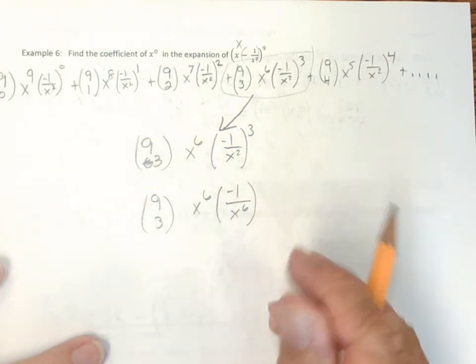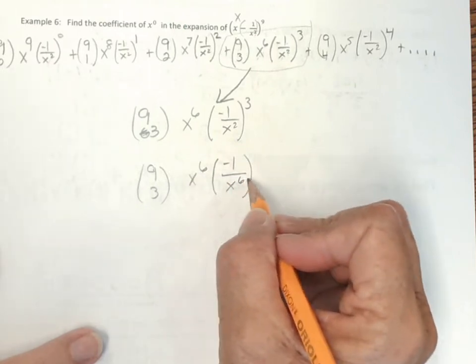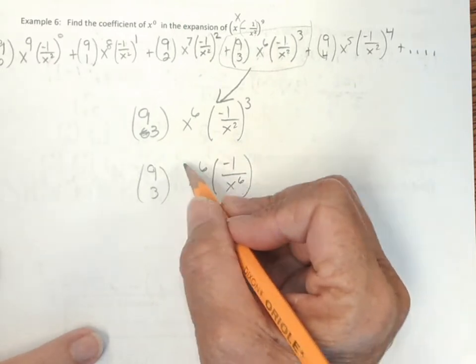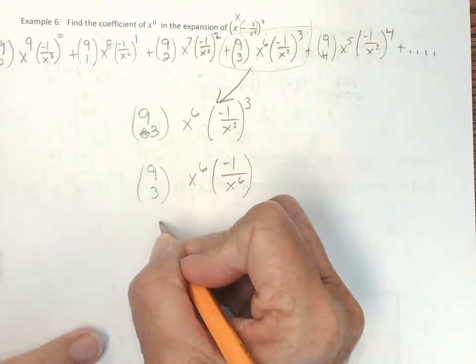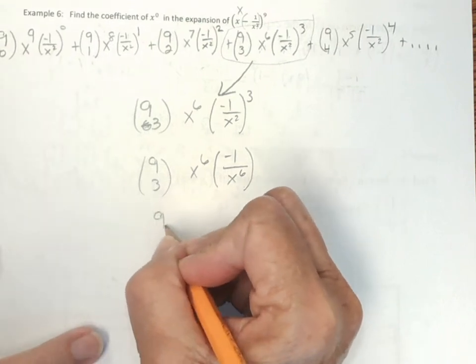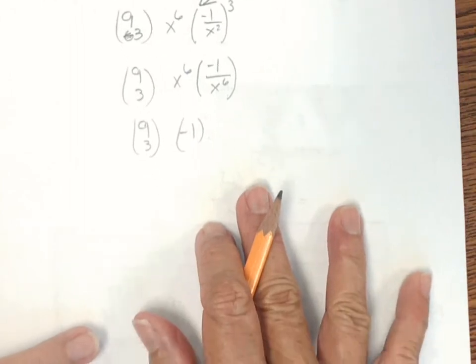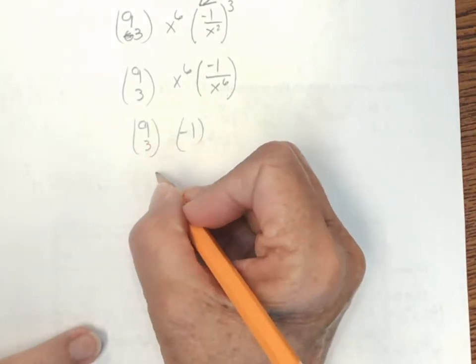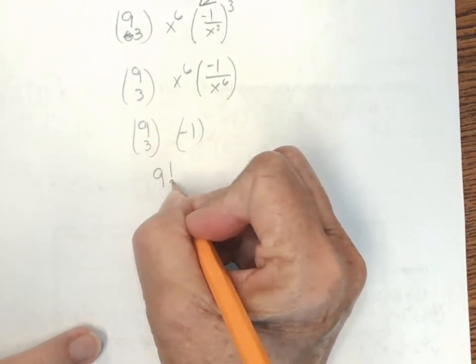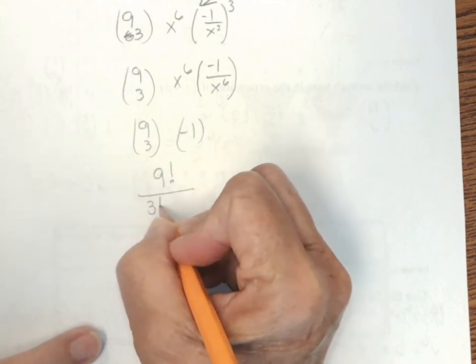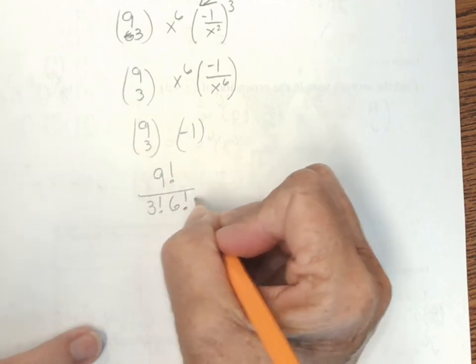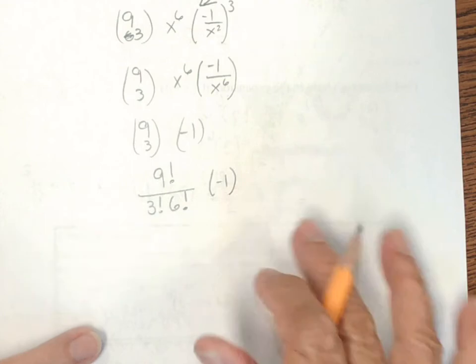So I've just raised this to the third power. When I multiply these together, the x to the 6th cancel, leaving just a negative 1. So I have 9 taking 3 of negative 1. Okay, so 9 taking 3, that means it's 9 factorial over 3 factorial times 6 factorial times a negative 1.